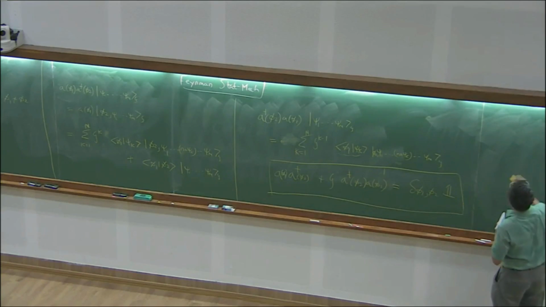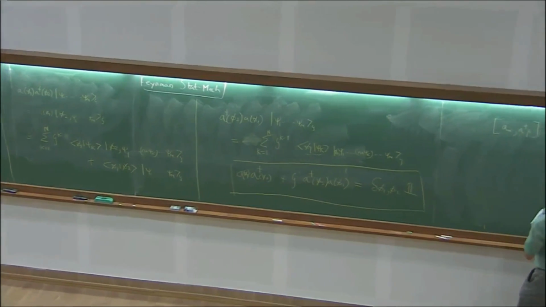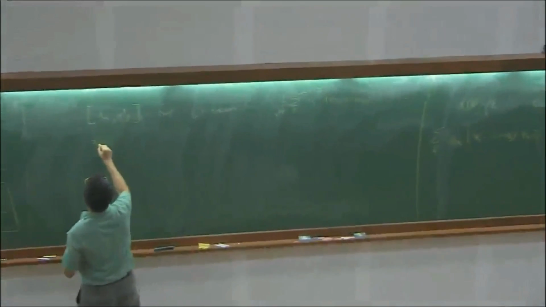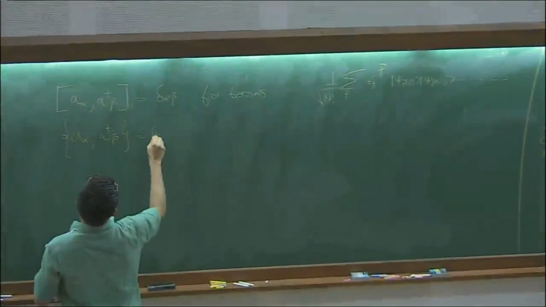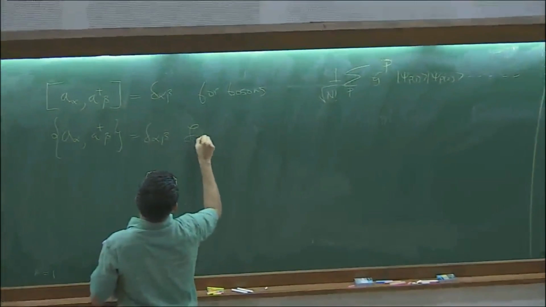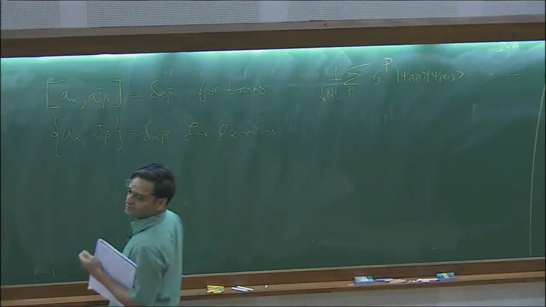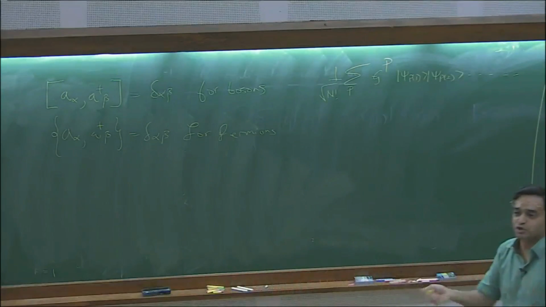This one you can write compactly by saying commutator of A alpha, A dagger beta is delta alpha beta for bosons, and anti-commutator of A alpha, A dagger beta is delta alpha beta for fermions, where alpha and beta denote orthonormal single particle orbitals in which you are creating.